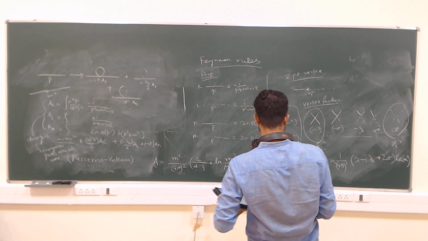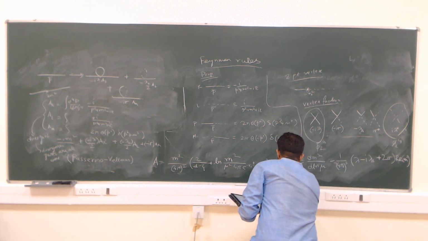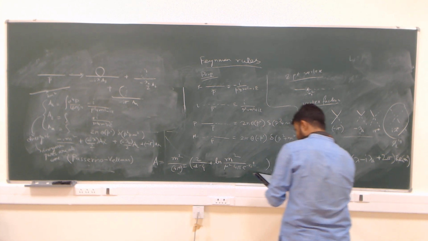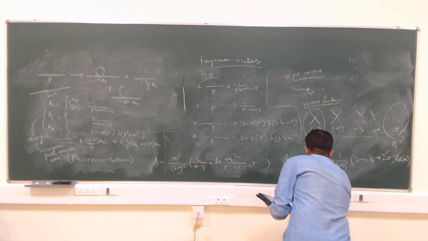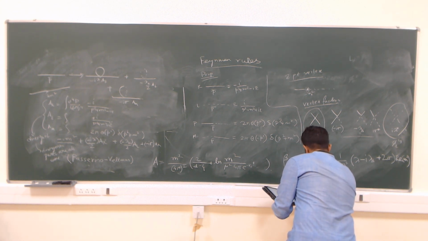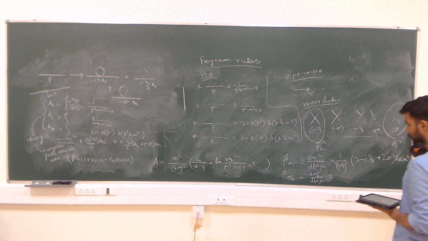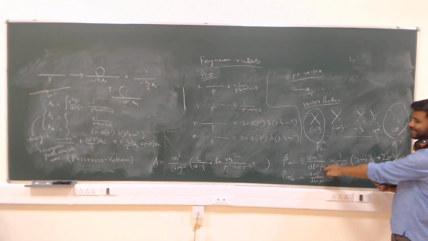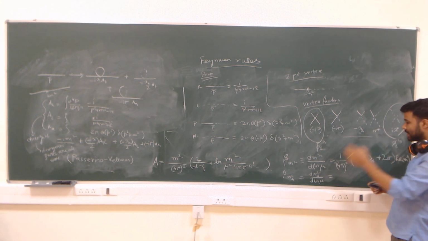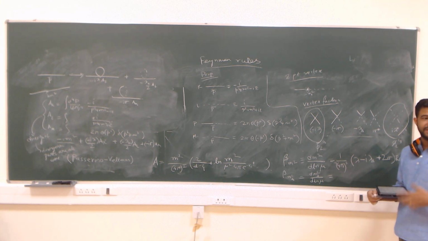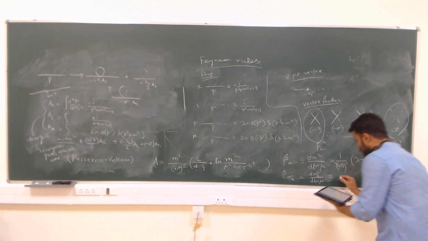Similarly, one can also compute beta of delta n square, and that comes out to be this. This basically tells us that when we change the energy scale, how do the couplings change, whether our perturbation theory is valid or not, and such things.